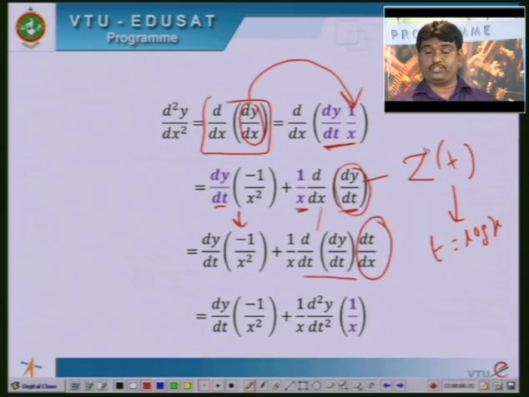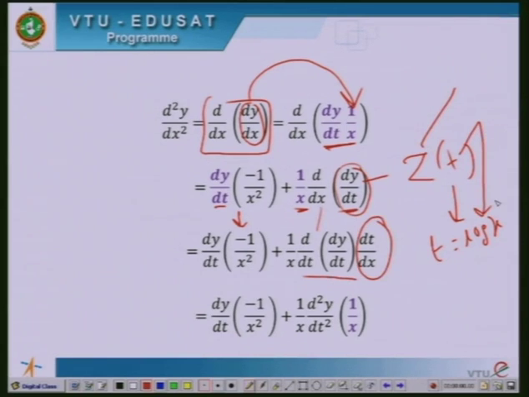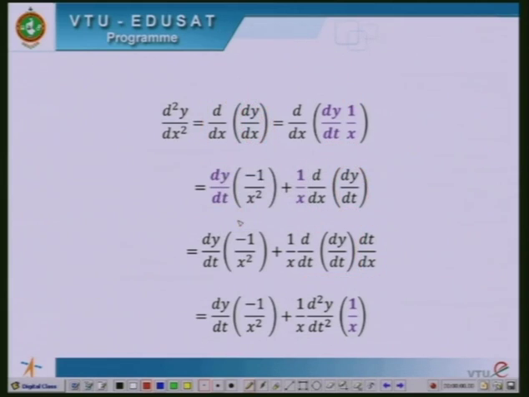First differentiate z with respect to t and then t with respect to x. That gives d square y by dt square, and dt by dx is 1 by x because t equals log x.